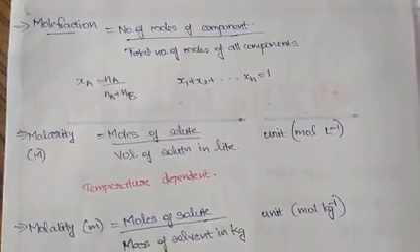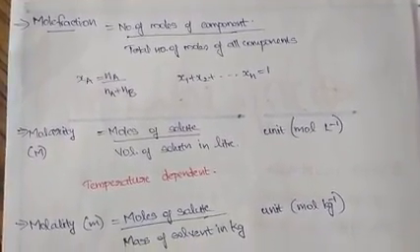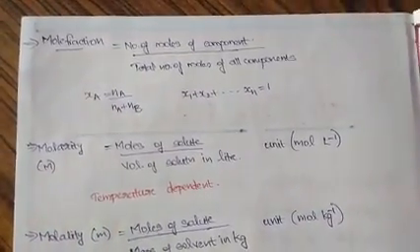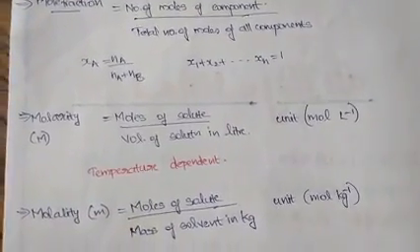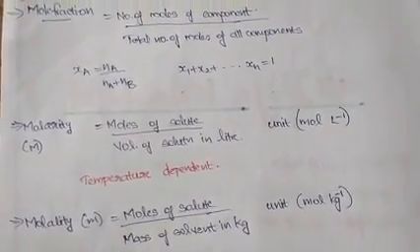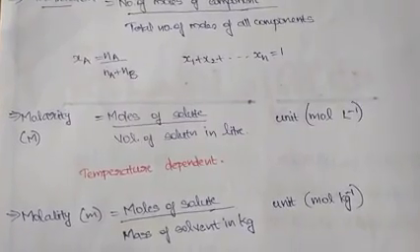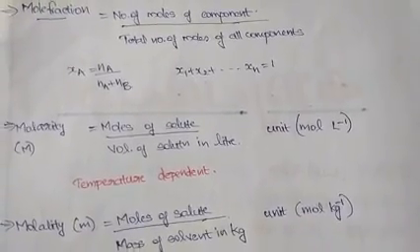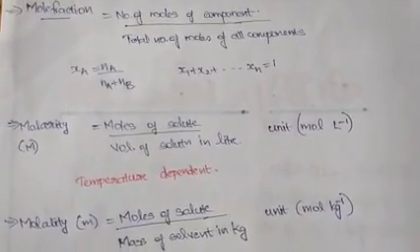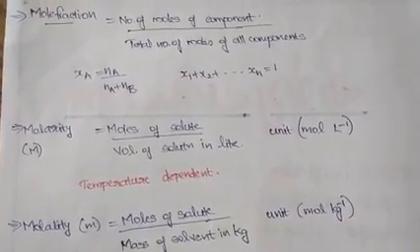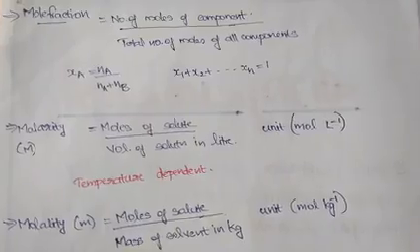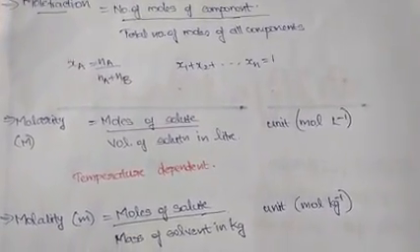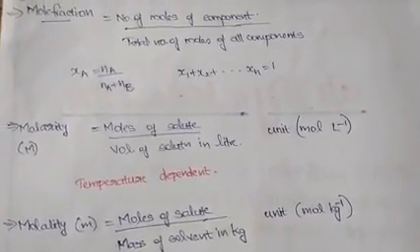Na signifies the number of moles of solvent molecules and Nb signifies the number of moles of solute molecules. XA is the mole fraction of the solvent molecules. And we all know for the mole fractions of different components, x1 plus x2 plus x3 plus so on up to xn is equal to 1. And it is always helpful for calculations.